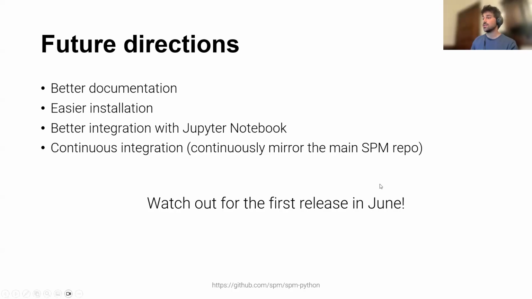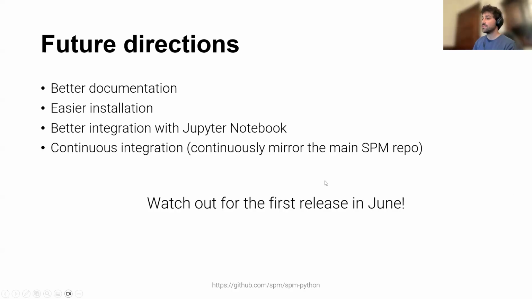And then continuous integration. The code, as I said earlier, is generated automatically from the SPM code, but it's not yet automated, so it doesn't track all of the changes. We do it manually. The idea is to have everything continuously mirroring the SPM repo and creating releases automatically.